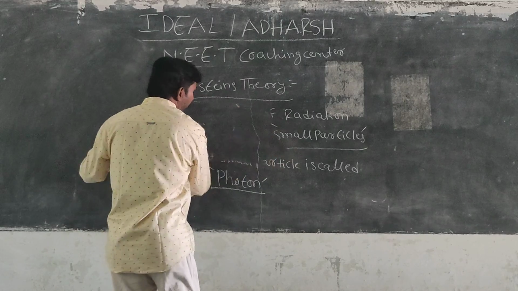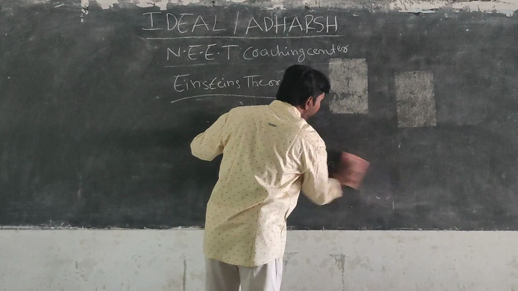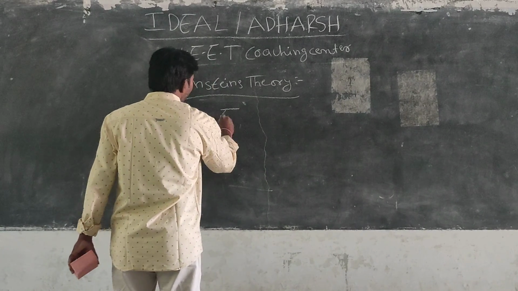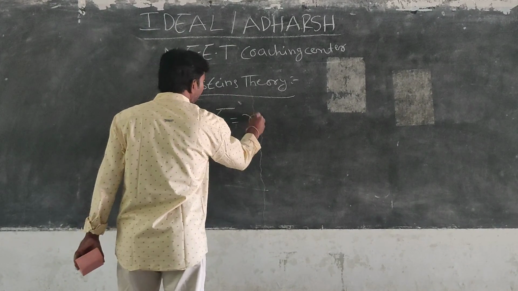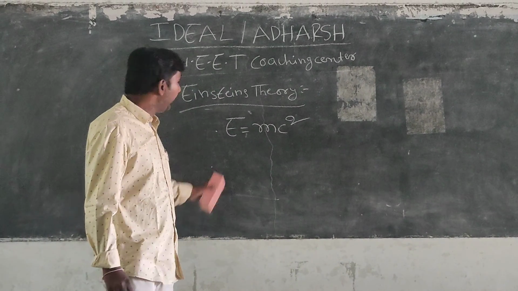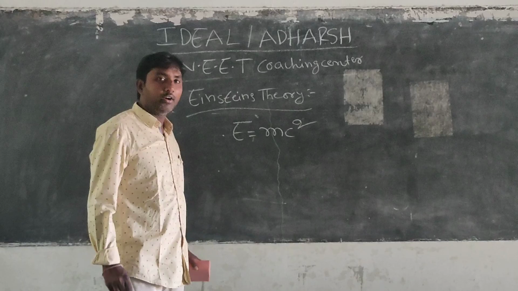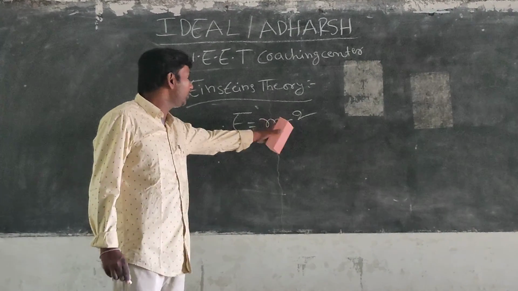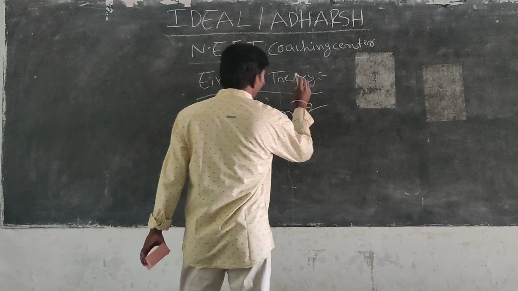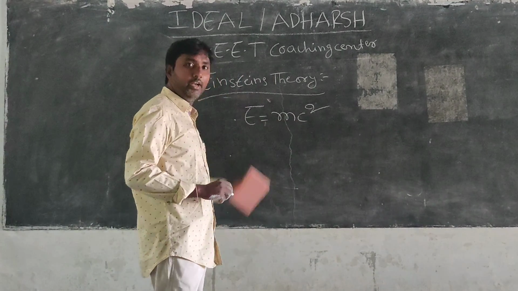According to Einstein also, one formula is there already. You know what the Einstein formula is? E equal to mc square. Energy of radiation is directly proportional to the square of the velocity, E equal to mc square. This is Einstein's theory.